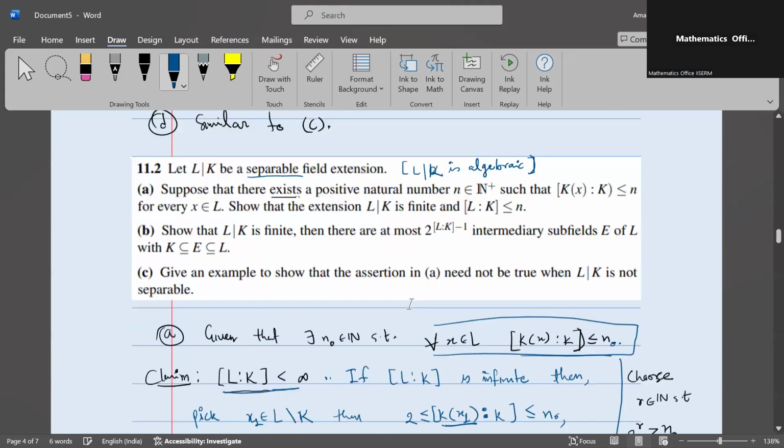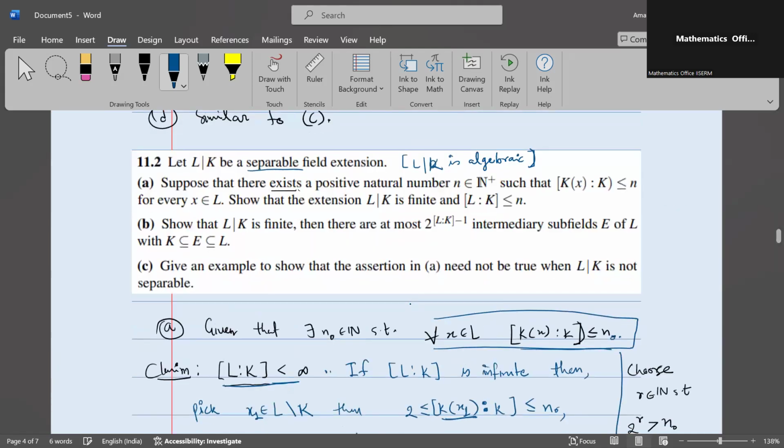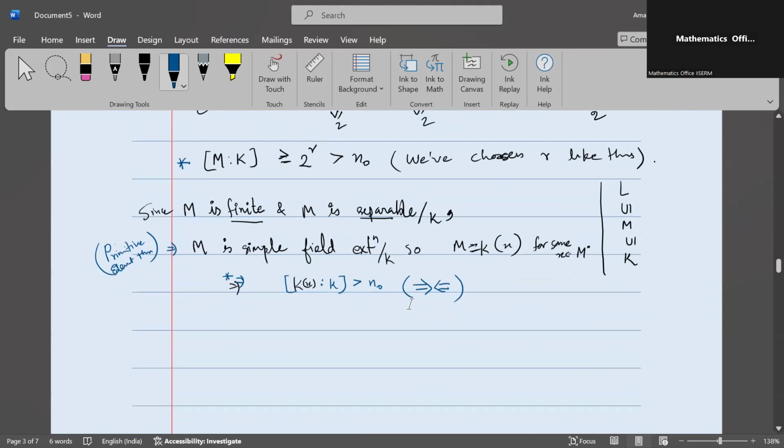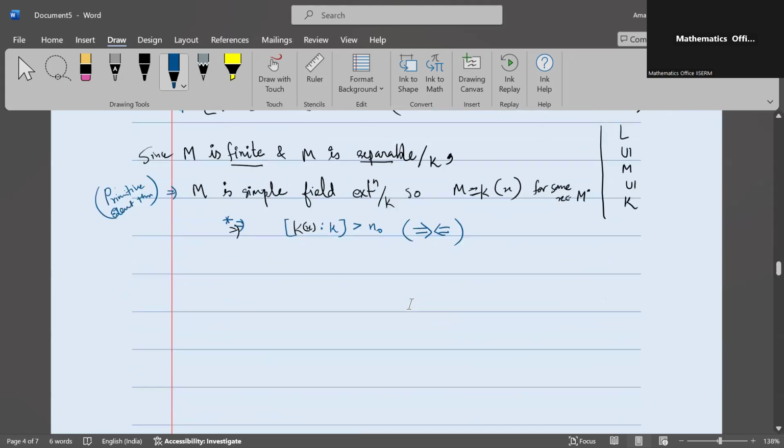Okay, so we have shown that it is a finite extension. Now, what else we have to show is that the degree of extension L over K is less than or equal to n naught. Okay, so good.